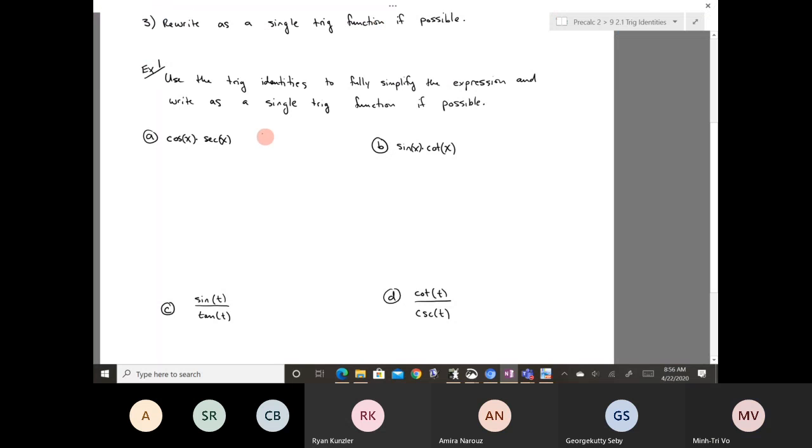Let me make a note here of which identity I'm using: secant x is equal to 1 over cosine x.